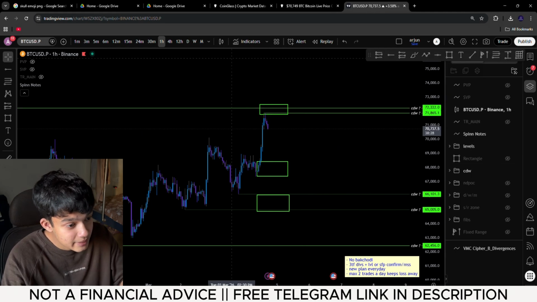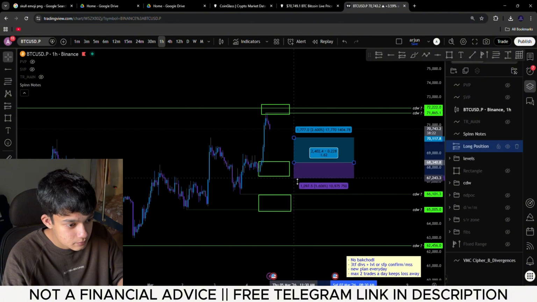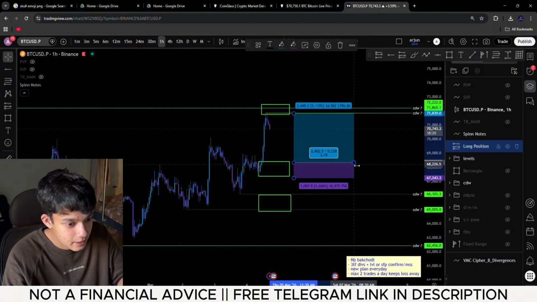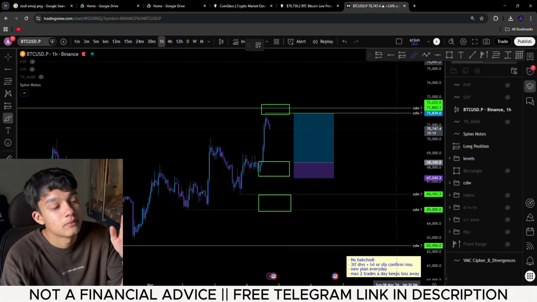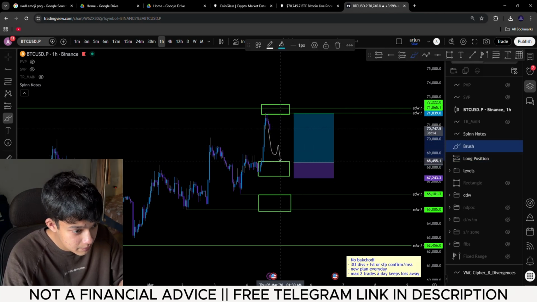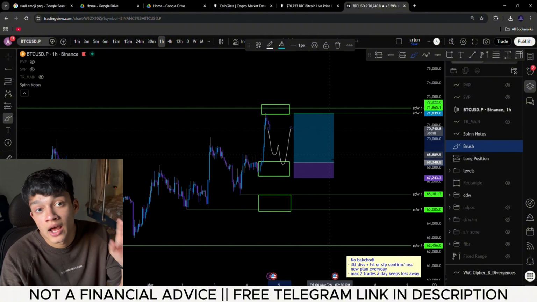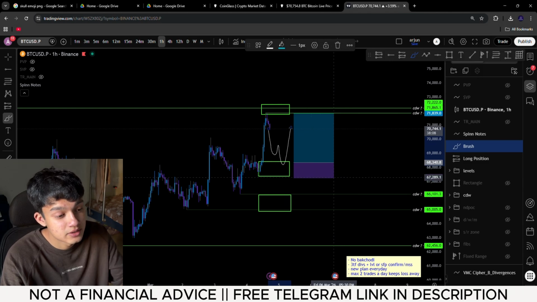The current plan for longs will be a long from this level like this till this high. If we manage to come to this level and form an intermediate low, then sweep this low and then again pump with divergences, then I'll be happy to look for longs on this level.